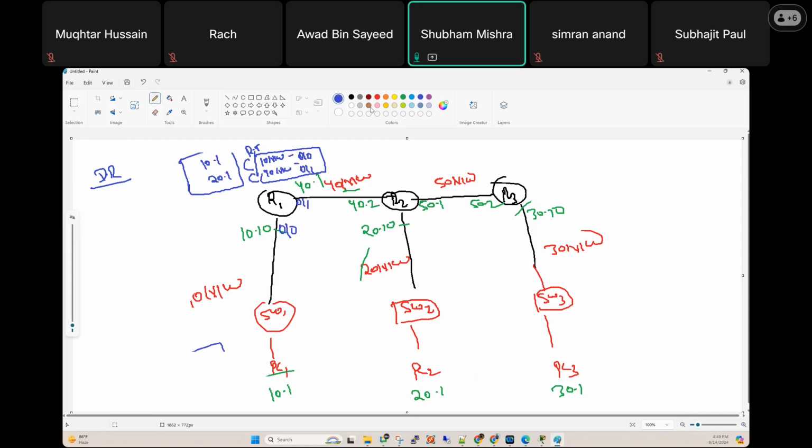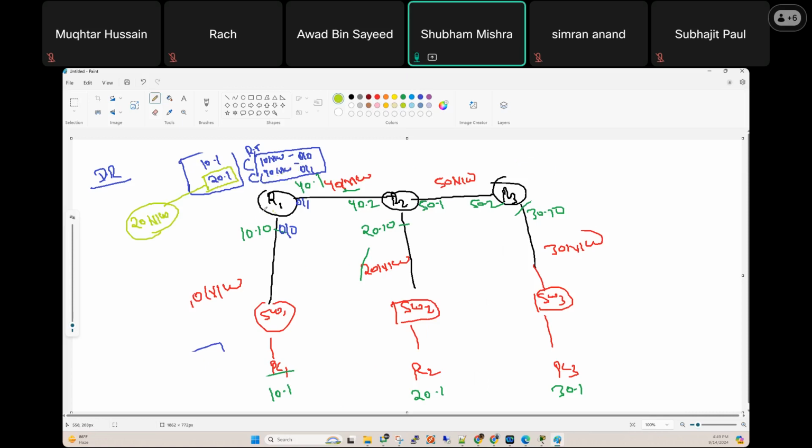Now what will the router do? The router checks what the destination IP address is. The destination IP address is 20.1. It means this belongs to which network? 20 network. The router will try to find out whether the 20 network is present in my routing table or not, because the router always takes the forwarding decision on the basis of the routing table.